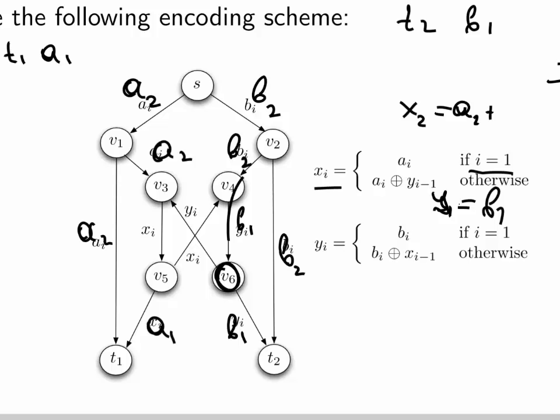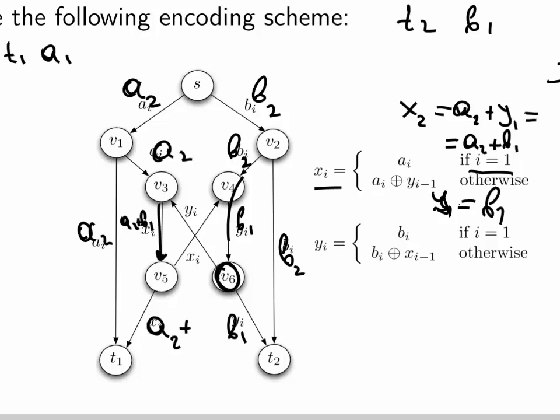So it will be equal to Y1, so X2 is in turn equal to A2 plus B1. So this is what will be sent by node V3. So this packet will be A2 plus B1. Right, now this packet will be forwarded by node V5. So we'll have A2 plus B1.